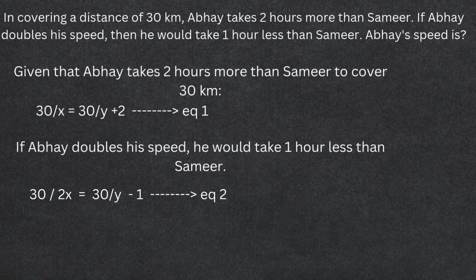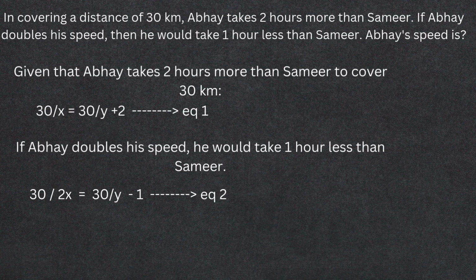So time taken by Abhi is 30 by x, since time is equal to distance by speed. Then time taken by Samir is equal to 30 by y. Since Abhi takes 2 hours more than Samir, let's create an equation for this: 30 by x is equal to 30 by y plus 2. Let's take this as equation 1.